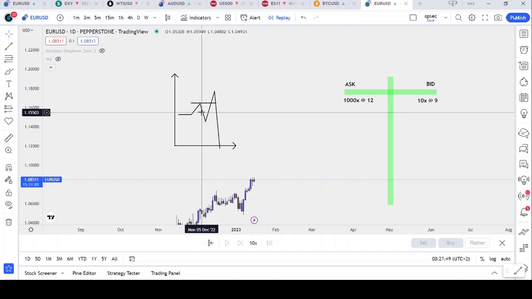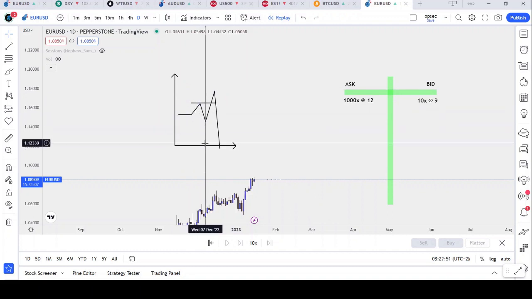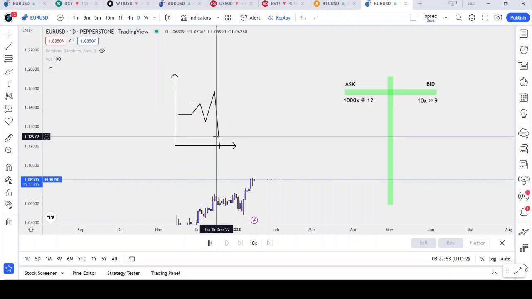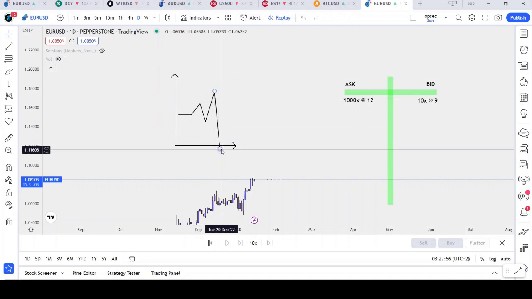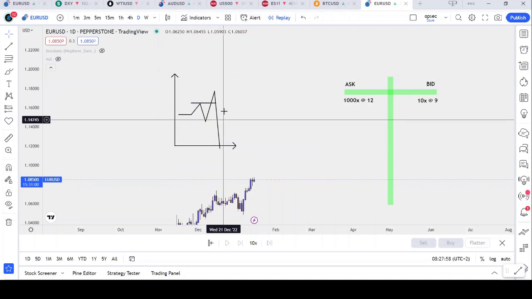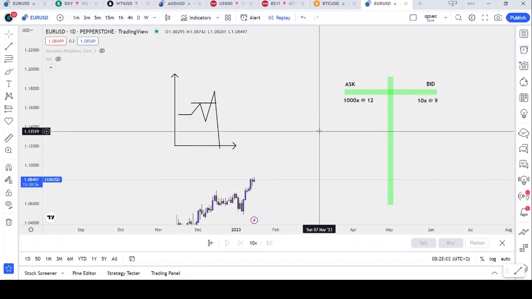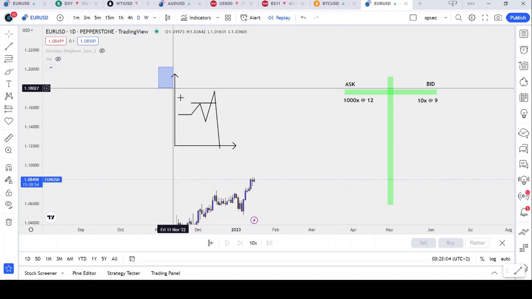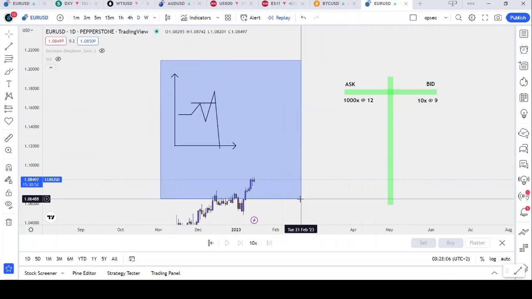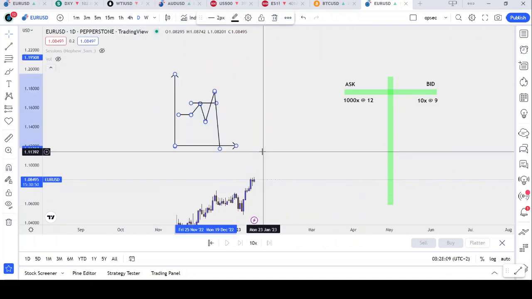If they just decided to randomly sell, then they would probably get out of their positions at this price instead. But because they were so smart with it and they did this in a way like this, then they could get away with selling it up here and at the expense of other retail traders. Okay, so this is a little bit about market making.